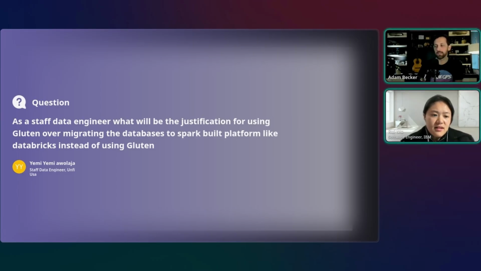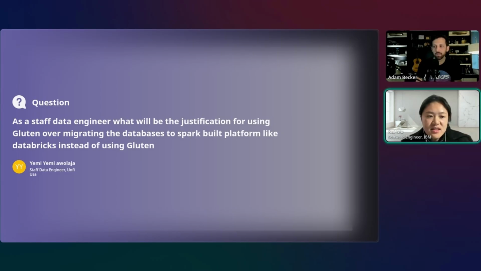Yeah, this is a nice question. Actually, this is about what's the advantage of Gluten. What's the real advantage? Firstly, it is open source. The customer can customize Gluten based on their workload requirements.